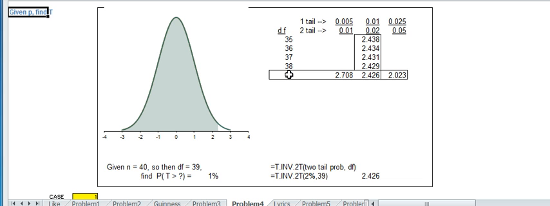We're interested in the 39 degrees of freedom, so we go across the 39 row under the one-tail 0.01, and the table gives you 2.426. You can also get it in Excel with the formula =T.INV.2T, but here you need to enter the two-tail probability, not the one. So you enter 2%, even though you're interested in the one tail of 1%, and it does give you 2.426.